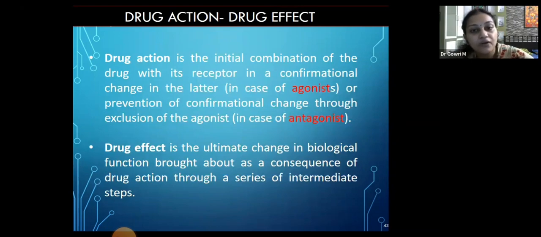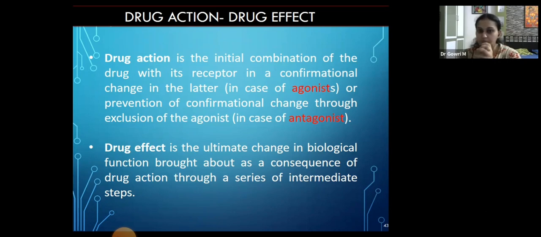Now we will see what drug action and drug effect are. Drug action is the initial combination of the drug with its receptor, resulting in a conformational change in the latter in the case of an agonist, or prevention of conformational change through exclusion of the agonist in the case of an antagonist. For this, you have to understand how a particular drug acts. There will always be a receptor and the drug. The drug will go to many sites, but only when its head locks.